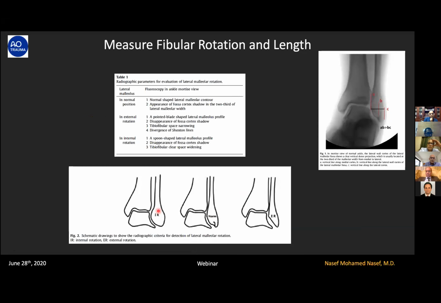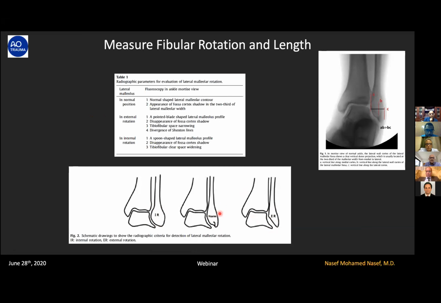If your fibula, and this is better for malunited, looks like a spoon, if the syndesmosis is open, and if you feel that the talus is very close, this is internal rotation. In the external rotation, it looks like a knife. The syndesmosis is too much closed, and the talar gutter looks open. This is external rotation. The normal has this normal contour and fossa.